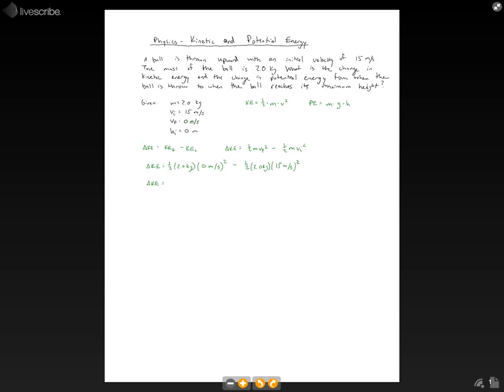So if you work that out, that ends up being a negative 225 kilograms meters squared per second squared.